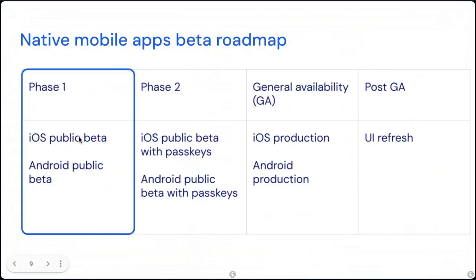So this is a phased beta. We are currently in the first phase, which was launched last week. Be on the lookout in the coming weeks for the iOS and Android passkey. We'll be hitting GA in a number of weeks, and finally you will see a more comprehensive mobile UI refresh.